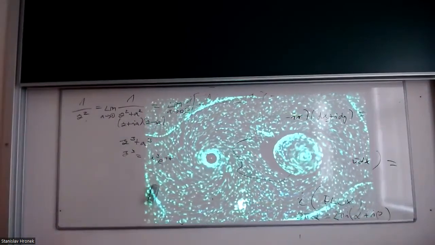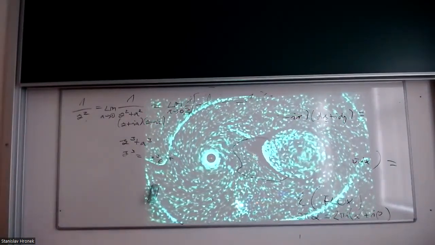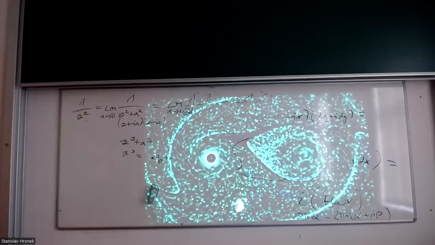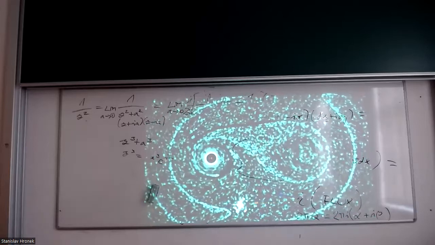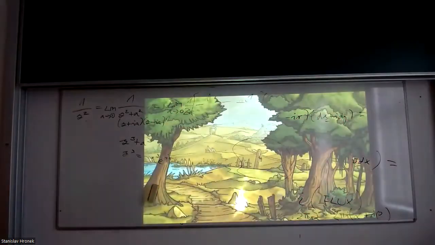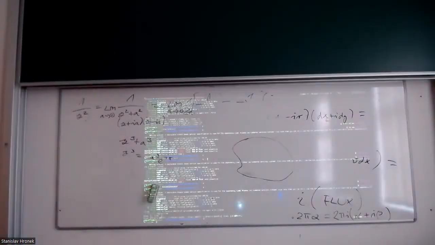Oh no, I'm missing it somewhere. It looks nice. But at least this thing is nice in the sense that it shows that we could have vortices as well.